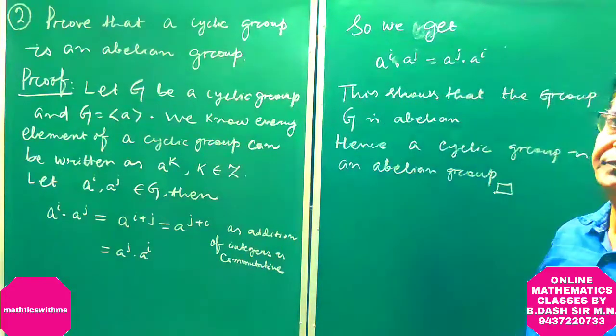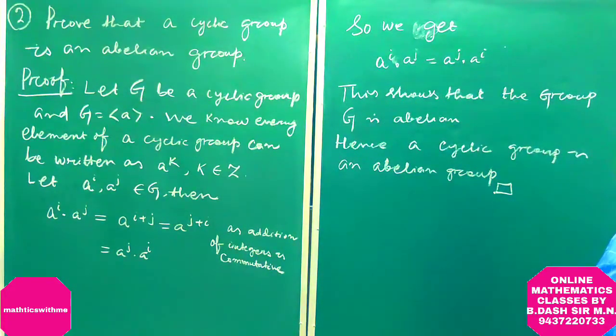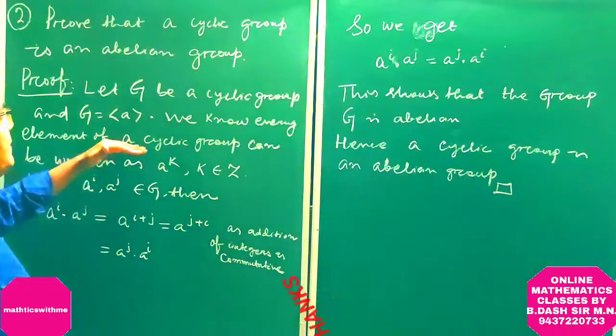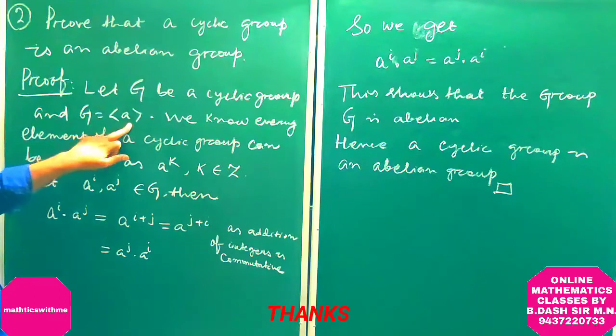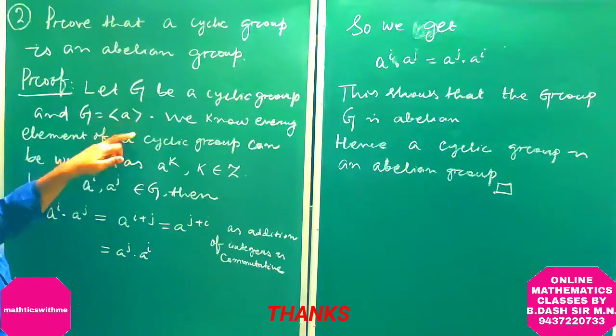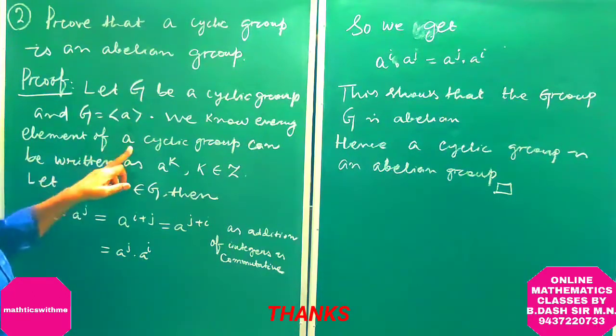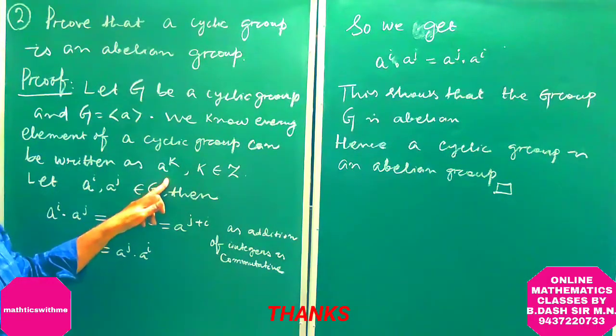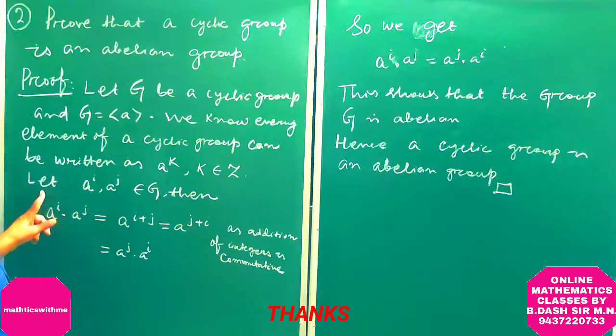So here the question is, prove that a cyclic group is an abelian group. Let G be a cyclic group generated by a. Every element of a cyclic group can be written as a to the power k, k an integer.